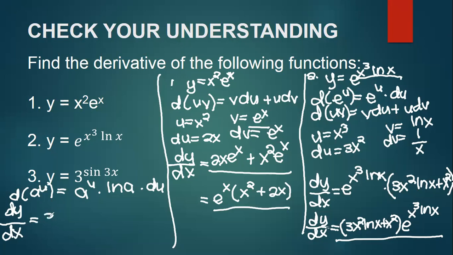This is 3 raised to sine 3x, ln of 3, multiplied by 3 cosine 3x. So 3 times 3, that's 9.